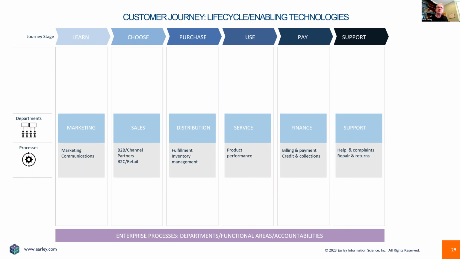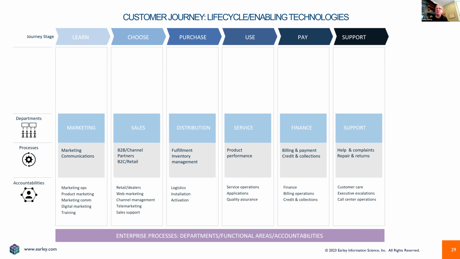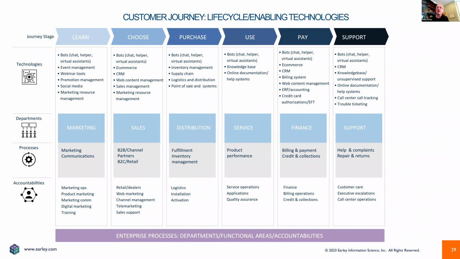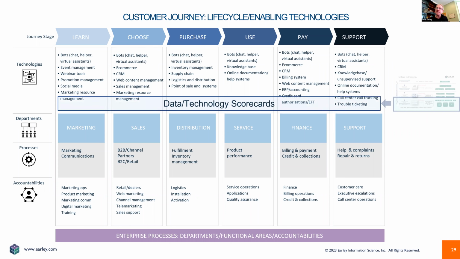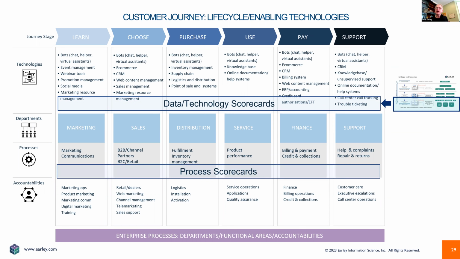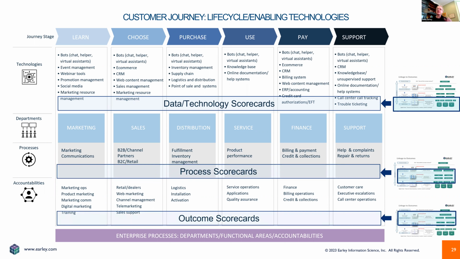We have departments that are responsible for that. We have processes within those departments. We have accountabilities within those parts of the organization, and we have the data and technologies. And we can take that layer cake and flip it upside down. And we have data and technology scorecards, process scorecards, and outcome scorecards. And this allows us to truly be data-driven. This allows us to really enable metrics-driven governance.